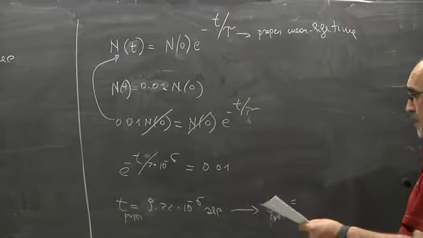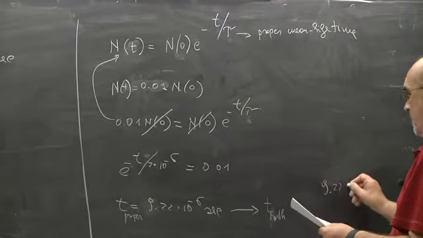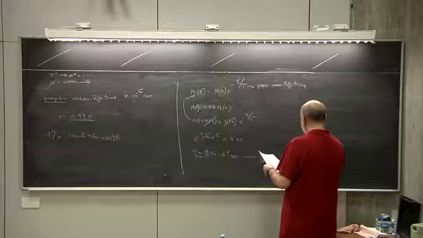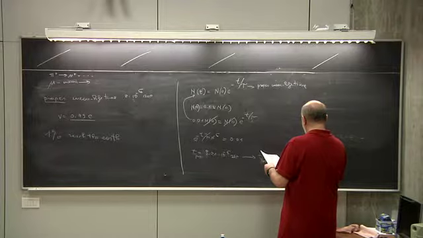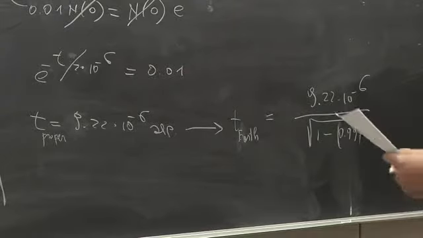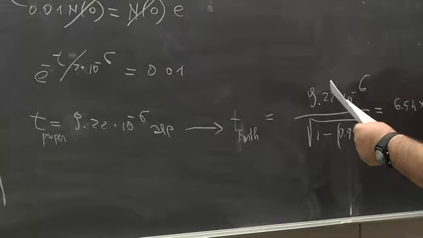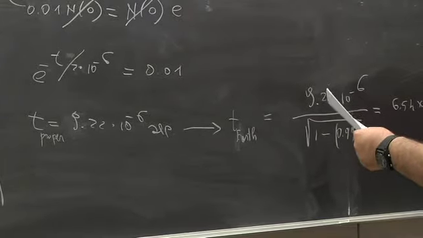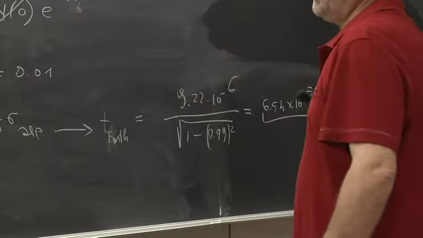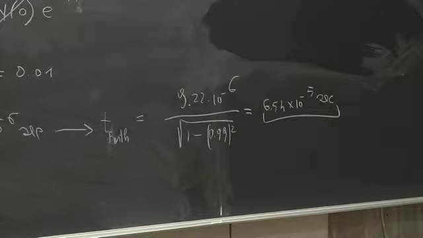Of course, it will be time dilation. You take the proper time and divide by the contraction factor, square root of 1 minus 0.99 squared. The result is 6.54 times 10 to the minus 5 seconds.